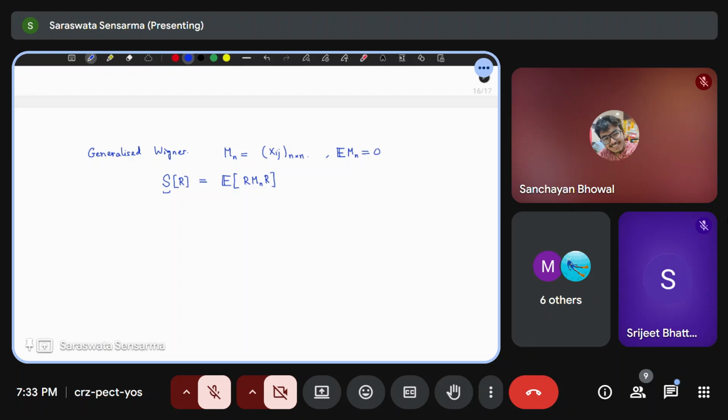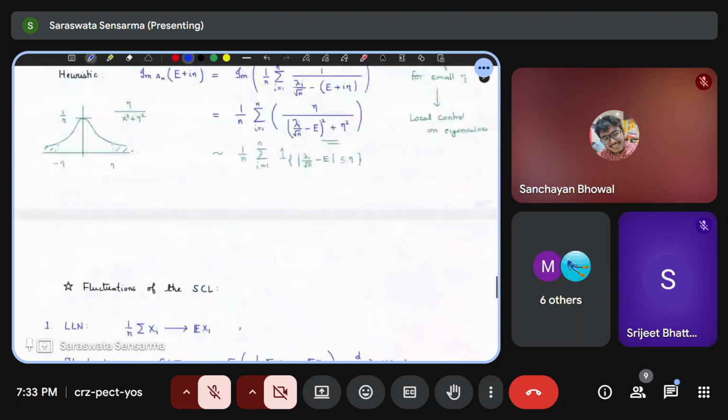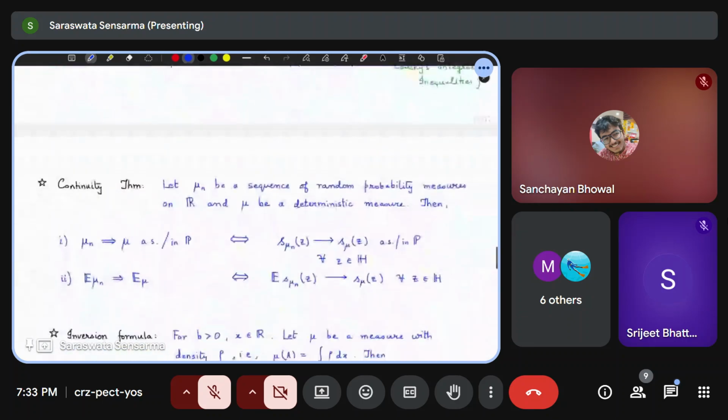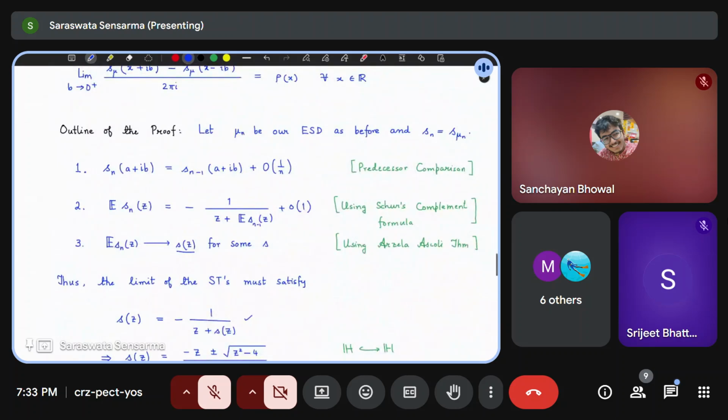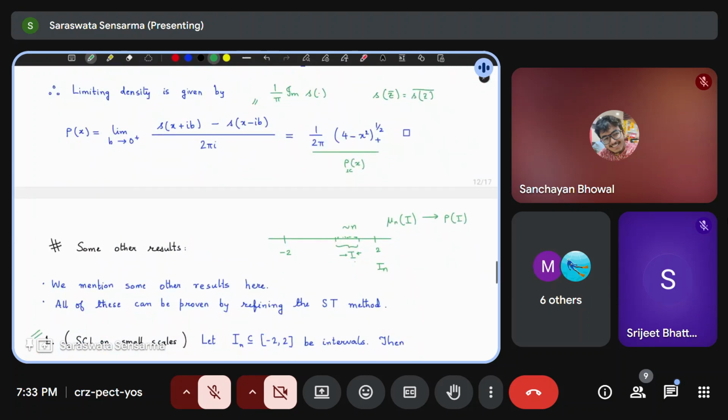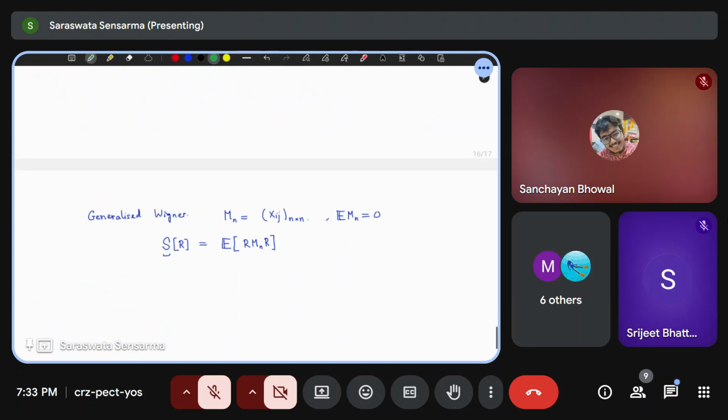In fact, let me take you back here. Where were we? In the outline of this proof using Stieltjes transform, how did we get the semicircle law? We eventually got this sort of an equality, and from here we derived the semicircle law. In general, in such a setting, there is something called the matrix Dyson equation.